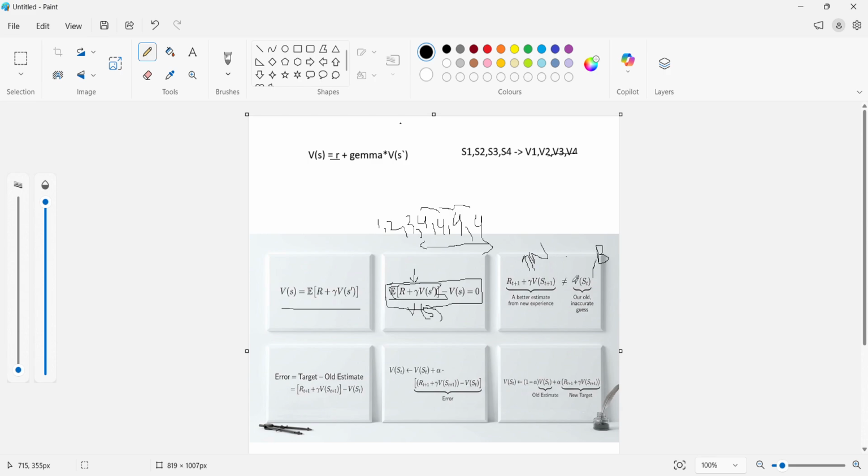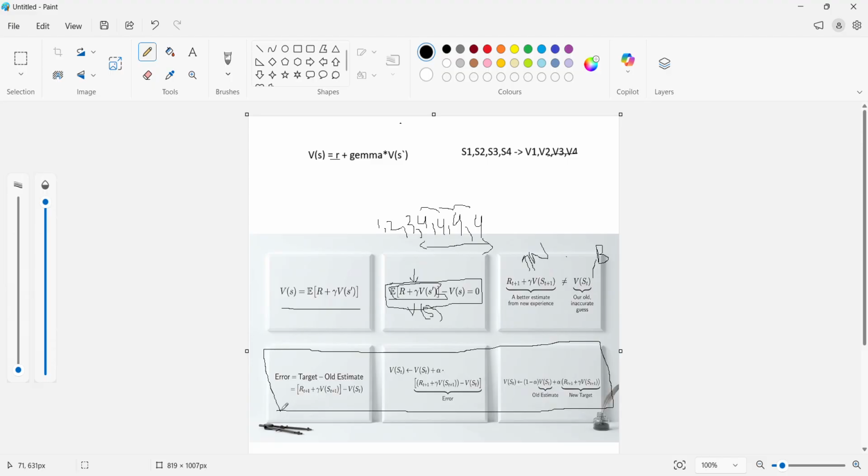Now that we know that v of s can be improved, there must be a strategy to improve it, and just that strategy is called temporal difference learning. And this is the formula. This whole thing actually represents how temporal difference learning works.